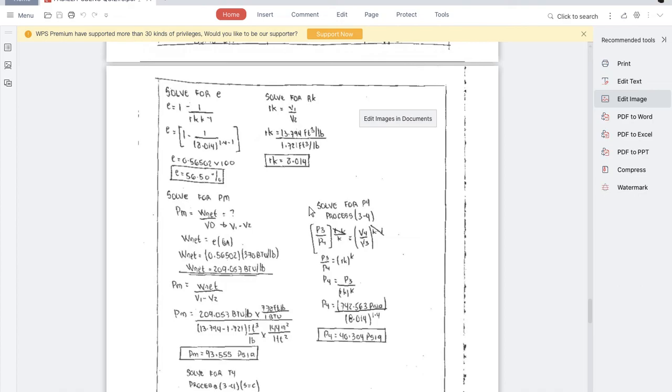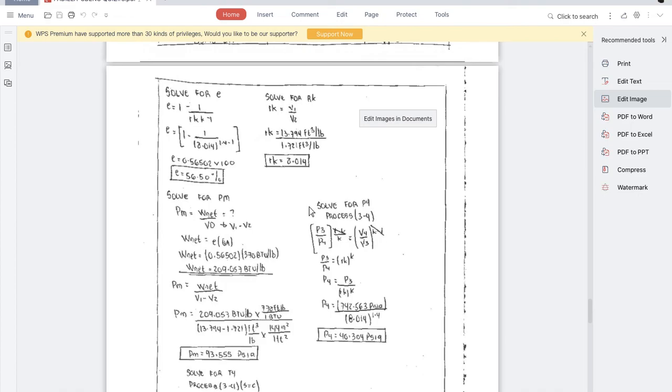For the PM, the formula is W net over VD, or W net over V1 minus V2. The formula that we get for W net is W net equal to e multiplied by QA. So W net is 0.56502 multiplied by 370 BTU per pound. The answer that we get for W net is 209.057 BTU per pound mass.